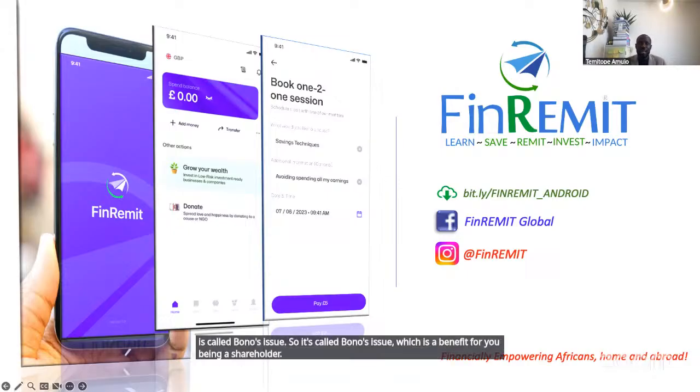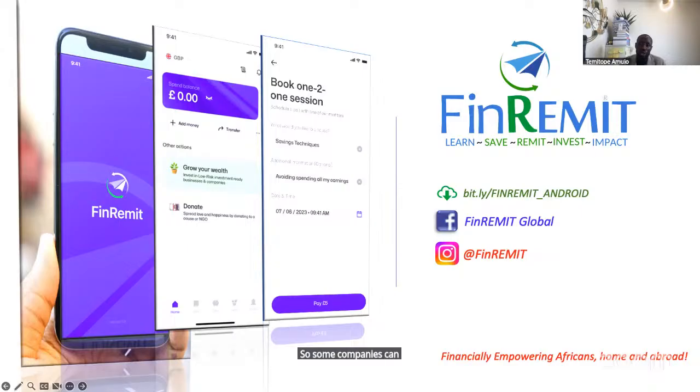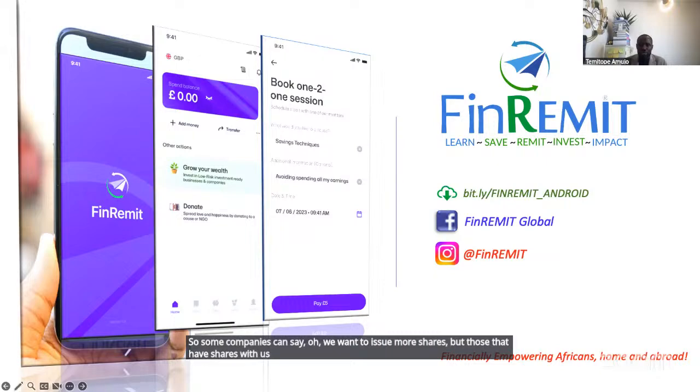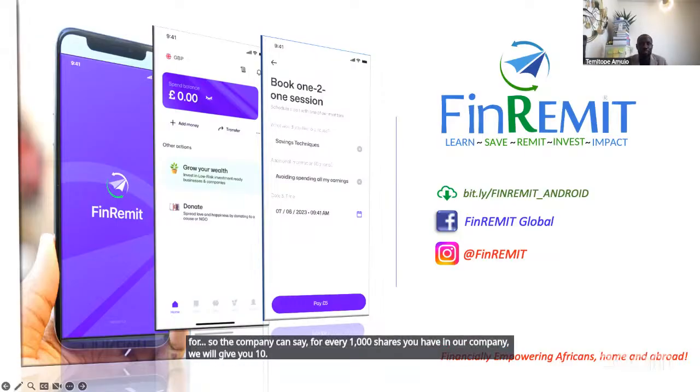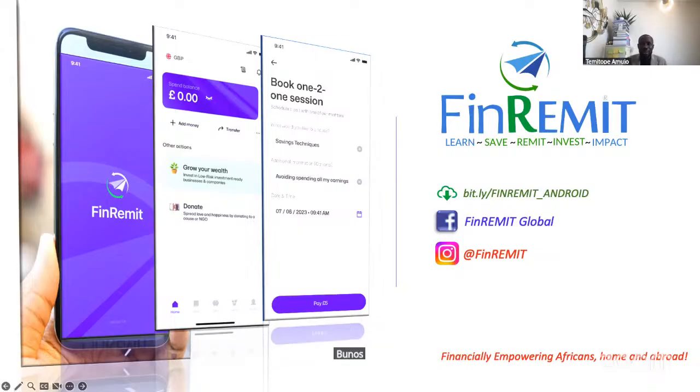So some companies can say, oh, we want to issue more shares, but those that have shares with us before, we will give them some bonus. They will give them extra share. Like there was a time I received a mail from Stanbic IBTC that a company can say for every 1,000 shares you have in our company, we will give you 10 bonus. So that extra shares of 10 is because you have 1,000.